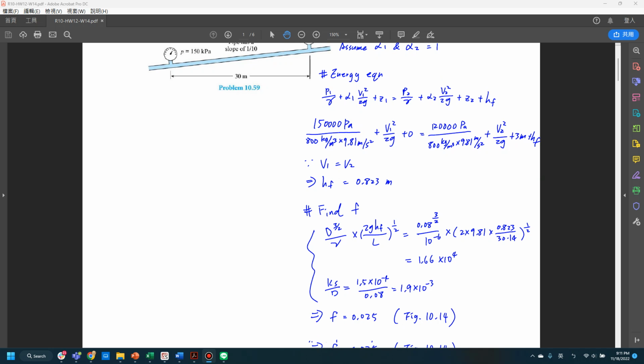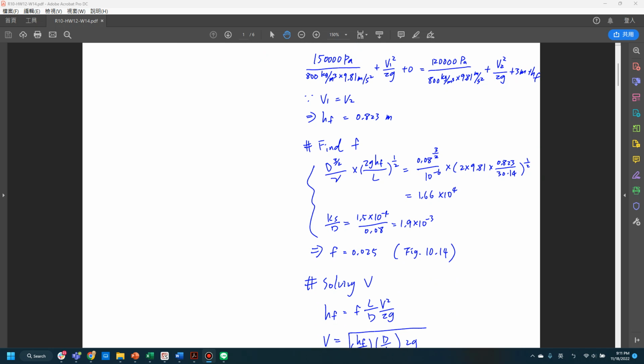After we have this, we want to identify or calculate the friction factor f. According to figure 10.14, we need these two pieces of information to find the factor f.